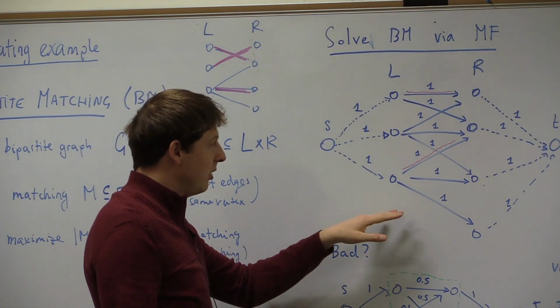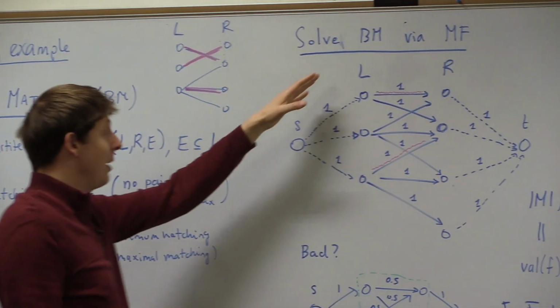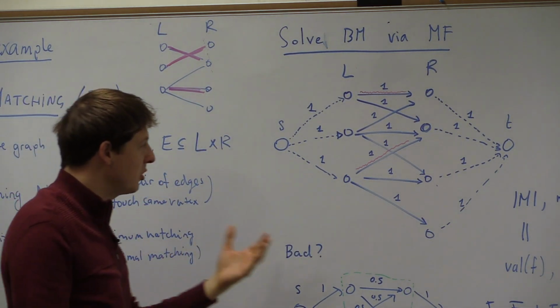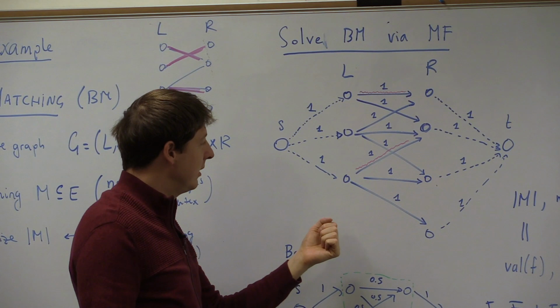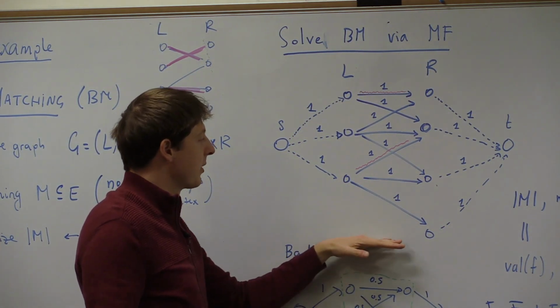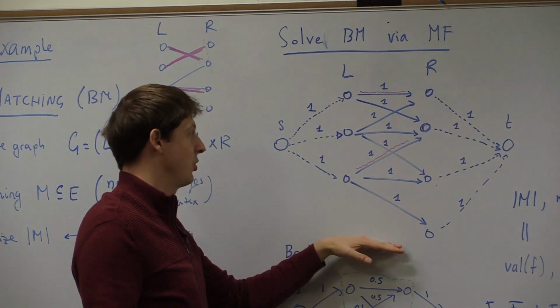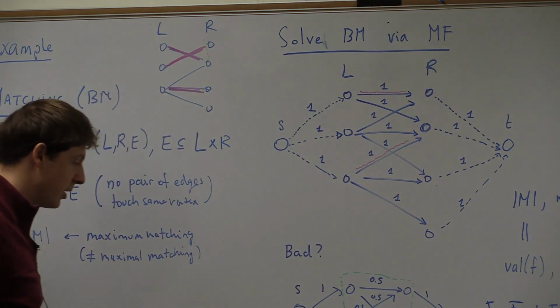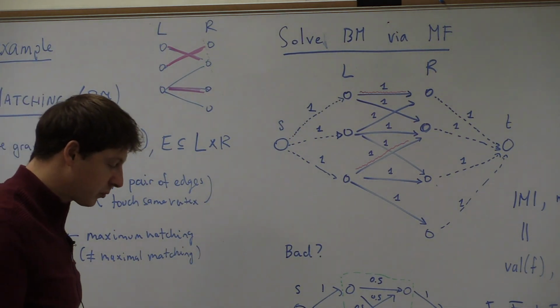Now, this max flow is not the answer to our bipartite matching problem. What we wanted was a matching. So there was a procedure, some post-processing computation, that said, given the max flow, I'm going to read off or compute from it in some way a maximum matching. In this case, it was reading off which edges were selected by the flow.